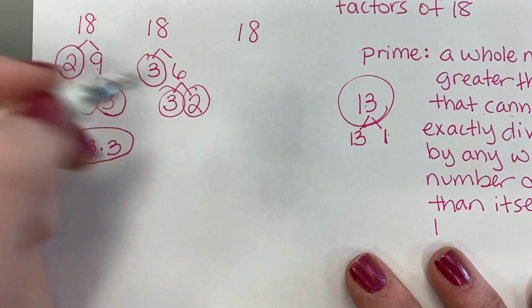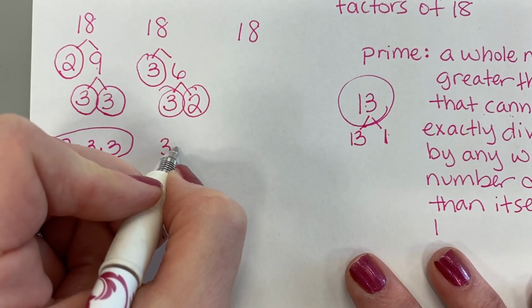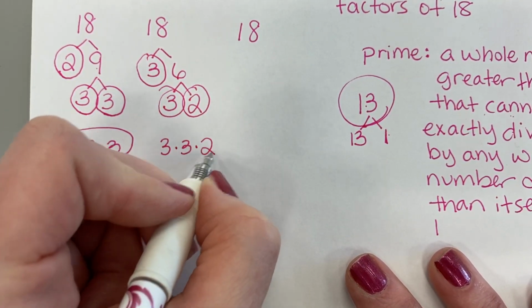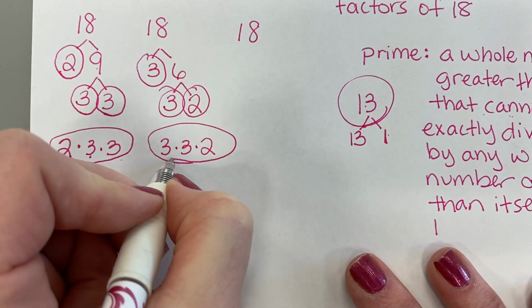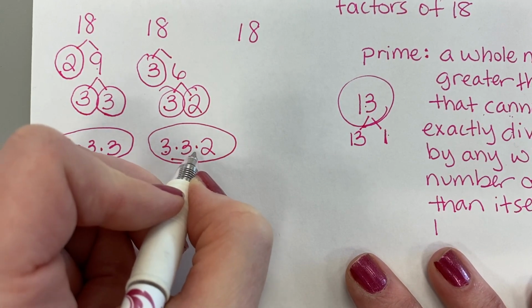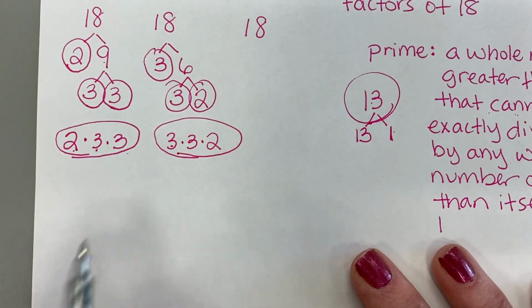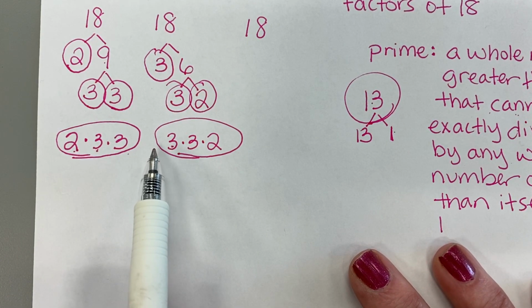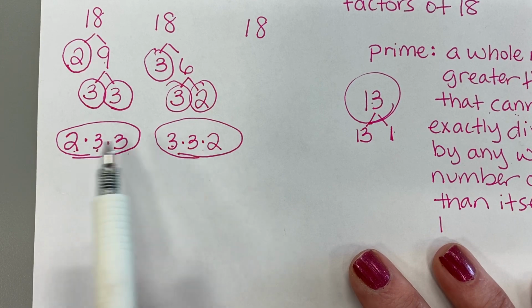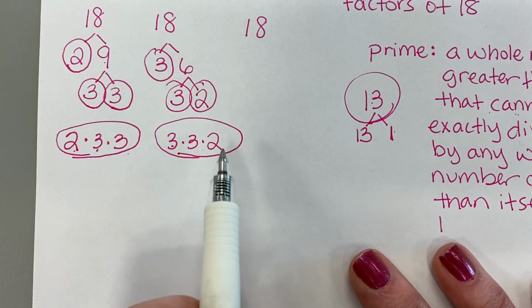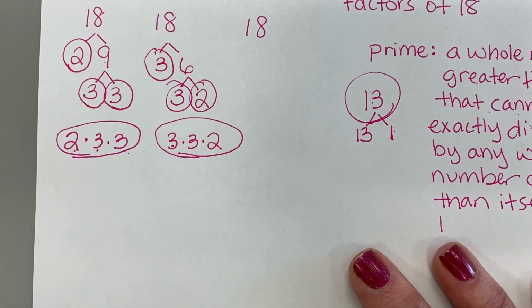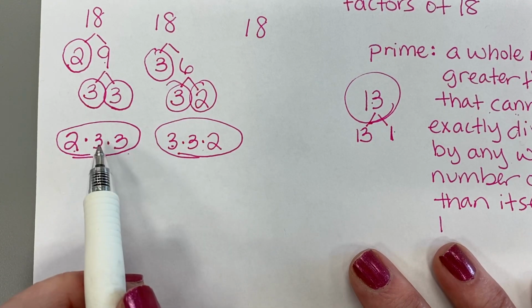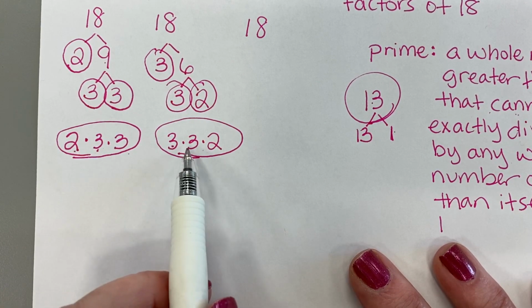Now if you look, 3 times 3 times 2, that's also 18 because 3 times 3 is 9 and 9 times 2 takes you back to 18. So the commutative property of multiplication would say we can make this look like this or vice versa because order doesn't matter with multiplication. In each of these situations, we have 2 3s and 1 2.